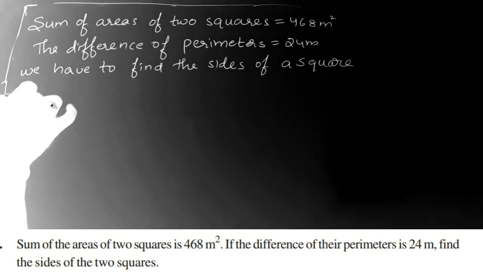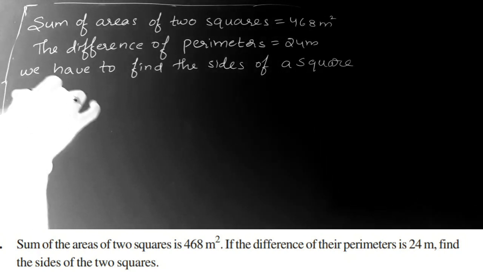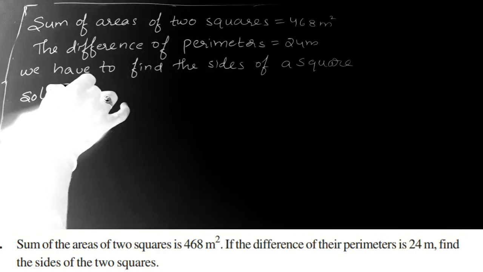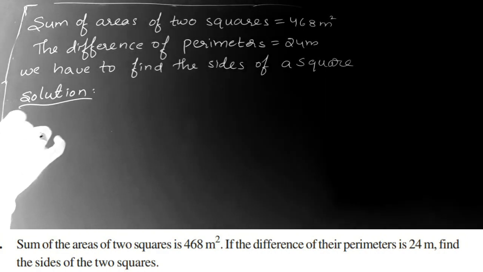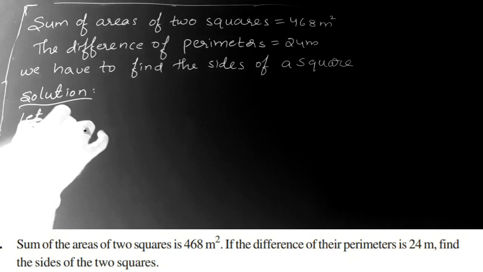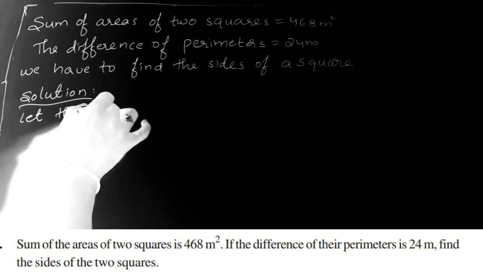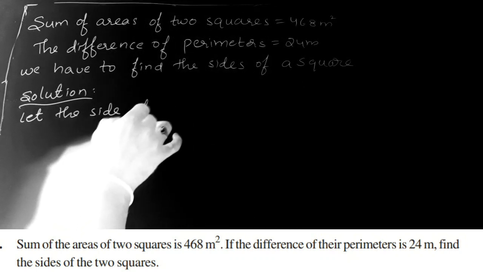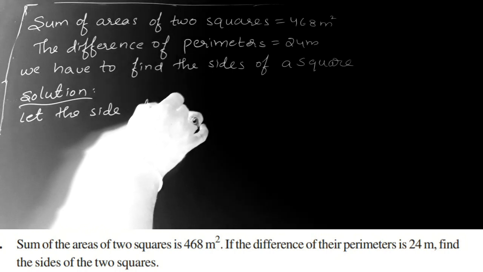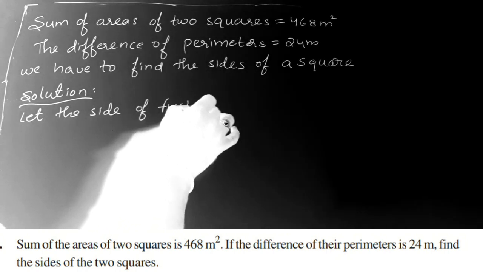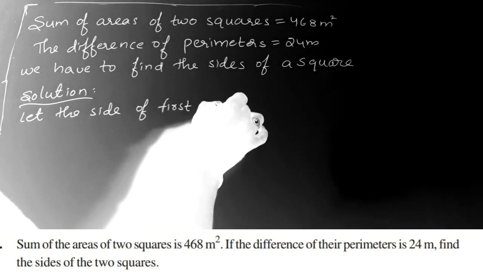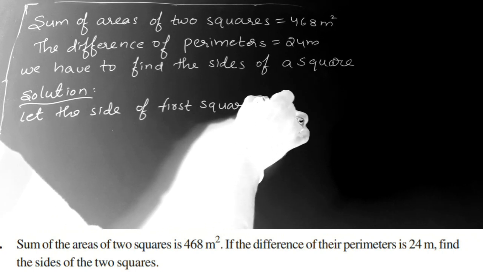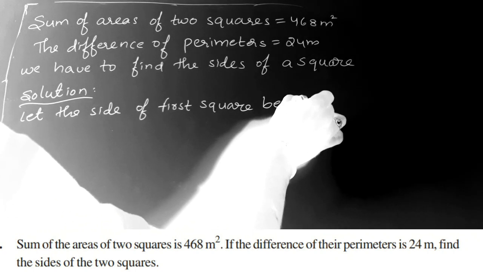So, solution. Let the side of the first square be x meters.